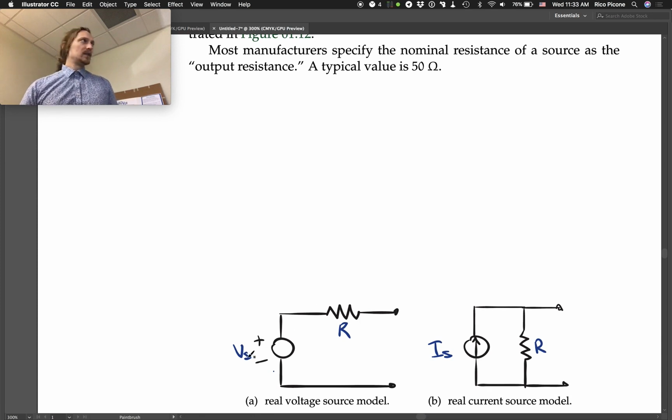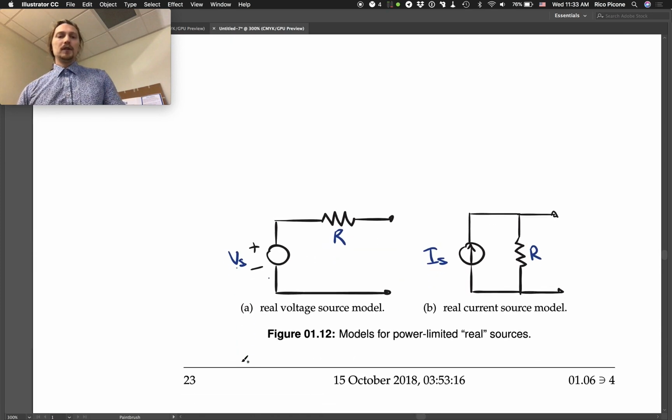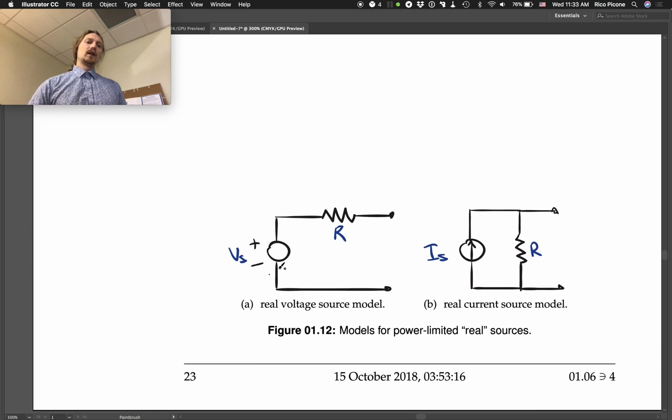So here is an ideal voltage source in series with a resistor, making it a so-called real source or a power limited source. And similarly for the current source, you put a resistor in parallel. What this does effectively is limit the amount of current that can come from the voltage source and limit the amount of voltage that can come from the current source. So that's the effect of the resistor.